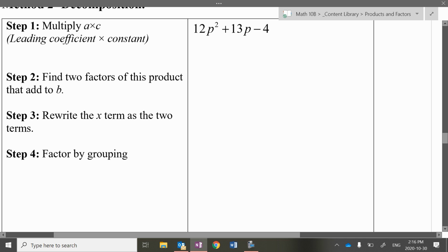So this one, we multiply our first two numbers together. So we're going to go 12 times negative 4. Really important that you keep your signs here. So I get 12 times negative 4 gives us negative 48. I need two numbers that will multiply to equal that, and that will add to equal 13.